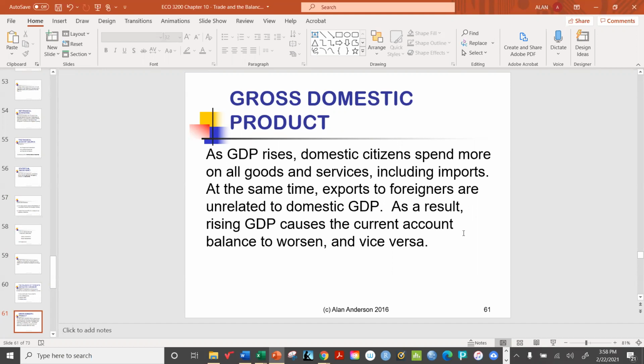In fact, if you look at the charts of our trade deficit, you'll notice they tend to improve dramatically during a recession, and then they go right back to where they started from. All right, so that's GDP.